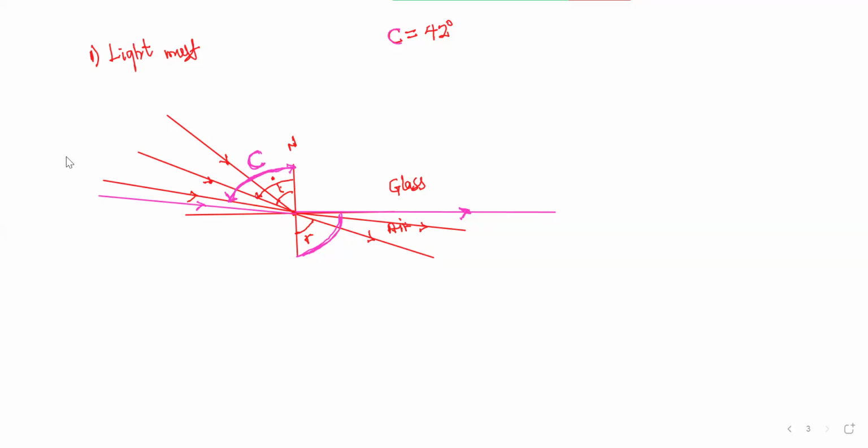Every incident light this time will be reflected. And this is what we are calling total internal reflection. So for total internal reflection to occur, the angle of incidence must be greater than the critical angle of that denser material.